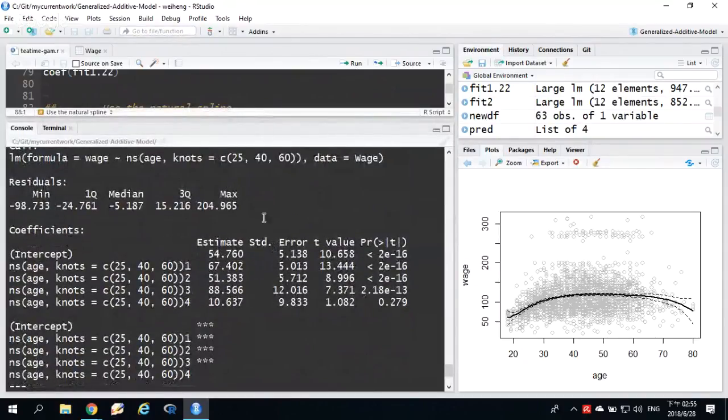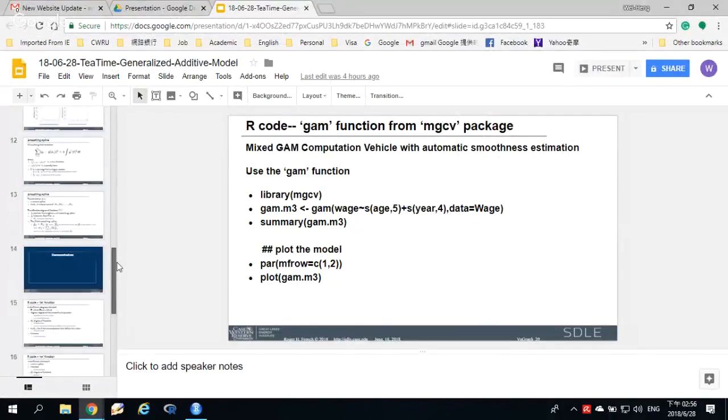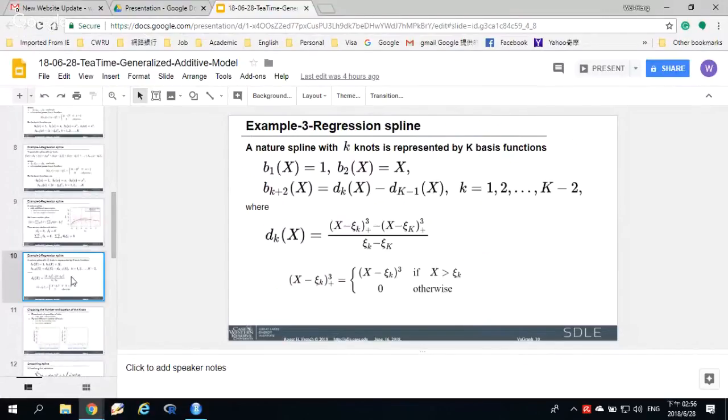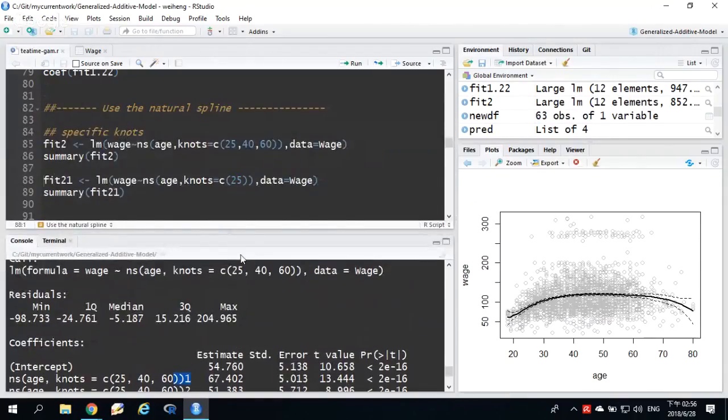In this way, we have 3 knots. So the last 3 will be knots, and the first is the intercept, and this will be the linear term. Just a reminder, for the spline specific function, we have like this: first is the intercept, and second is the linear term.